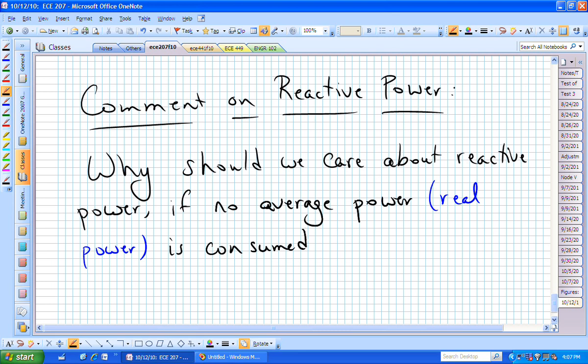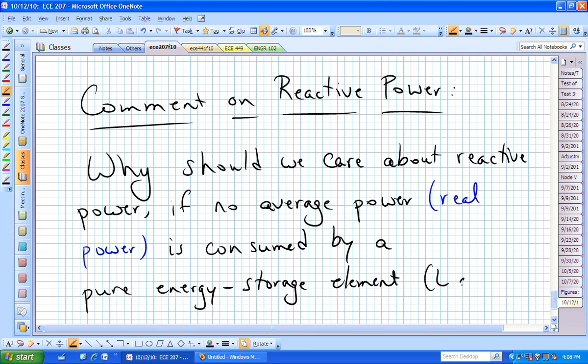But the power company's not going to like that. But there is no average power consumed by a pure energy storage element, which is either an L or a C.